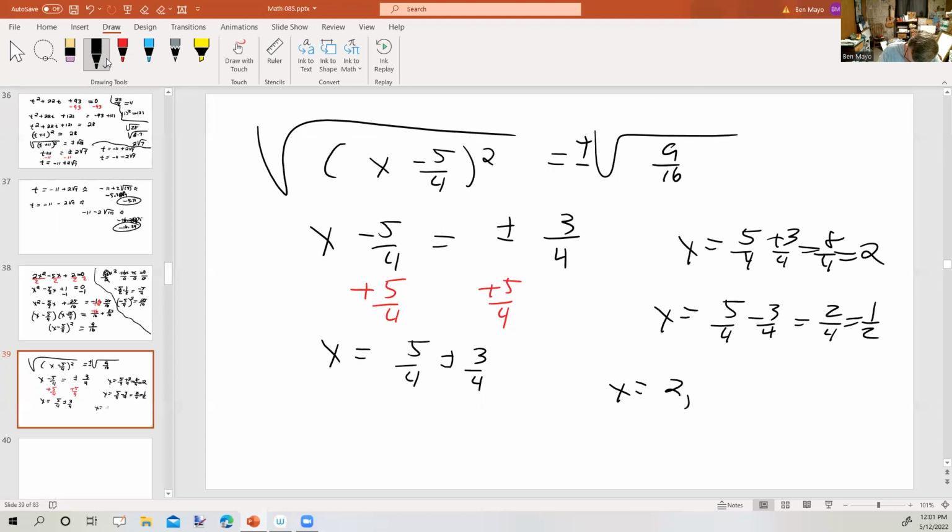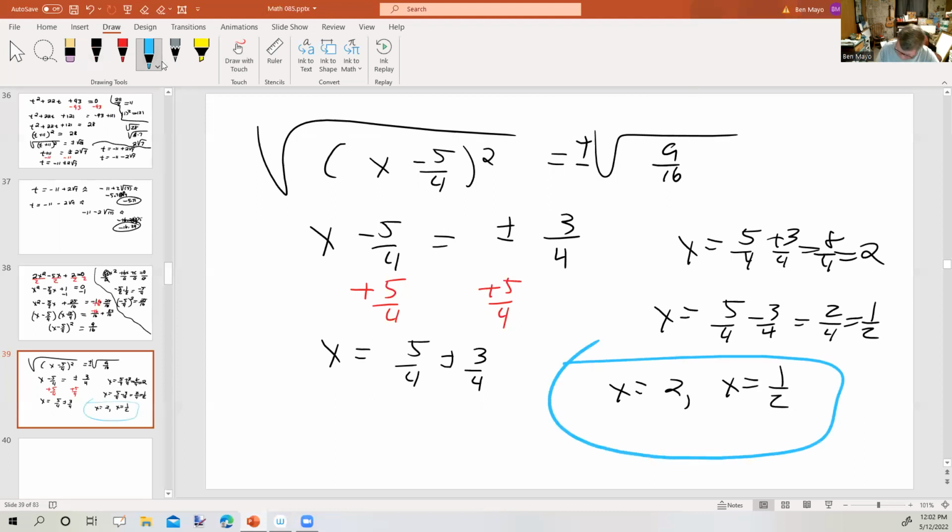So x equals 2 and x equals 1/2 would be the final two answers. Good to go with that? Yes. All right, here comes another one.